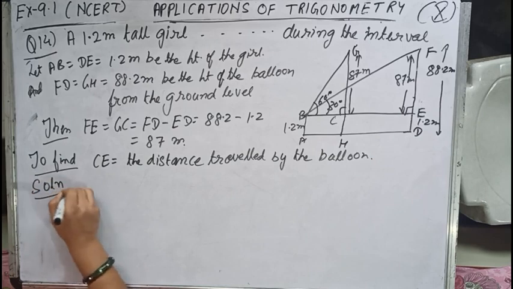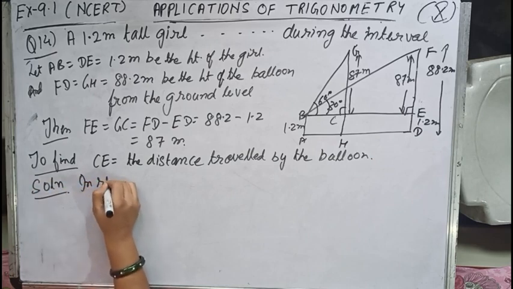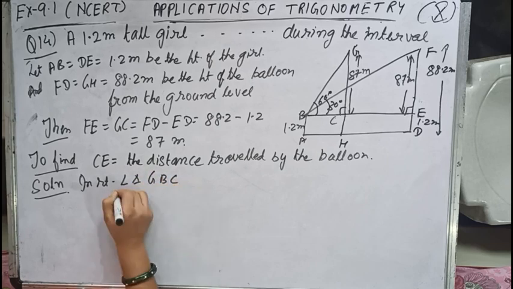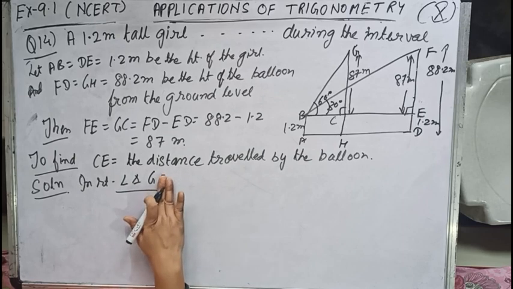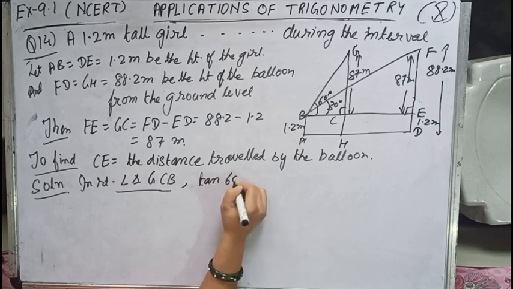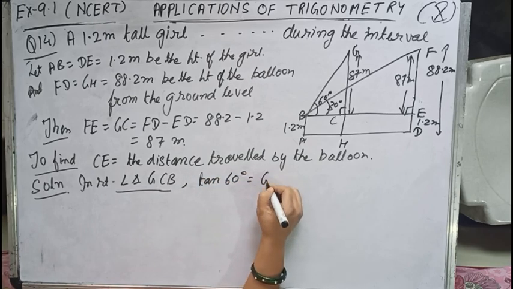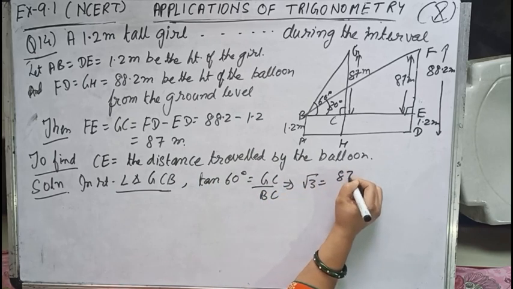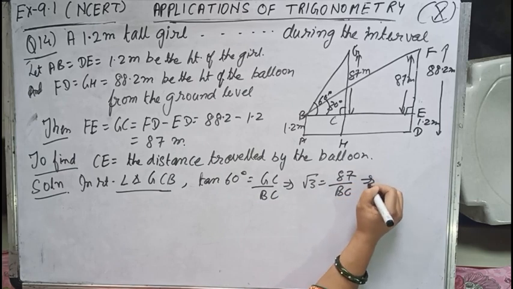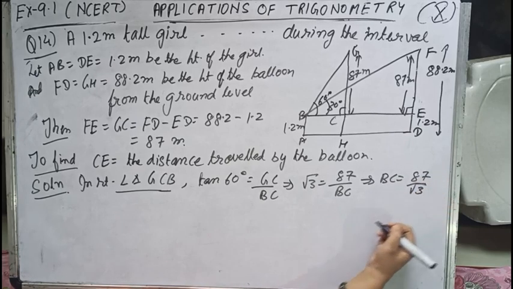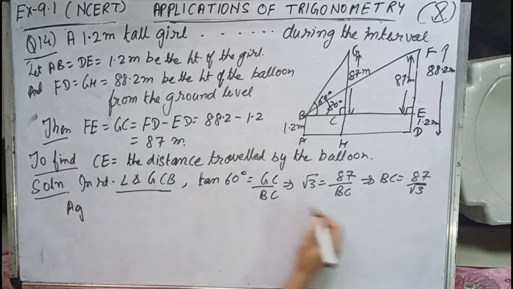So solution: in right angle triangle GCB, tan of 60 degree equals GC by BC. This implies root 3 equals 87 by BC. This implies BC equals 87 by root 3. Again, let us write in meter.